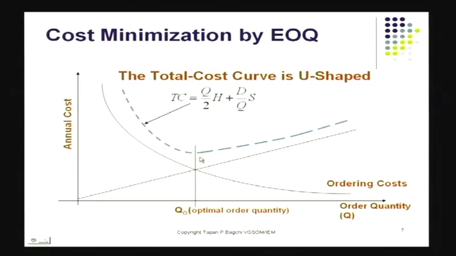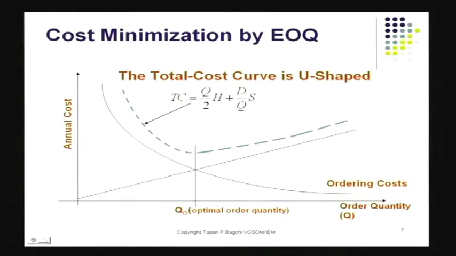Notice here, it's got a minimum, and this is the order size. If your order size is this, the total cost of operating the inventory again and again over a number of different cycles is going to be minimum. So this quantity Q is then called the optimum order quantity or the economic order quantity. This is called EOQ.